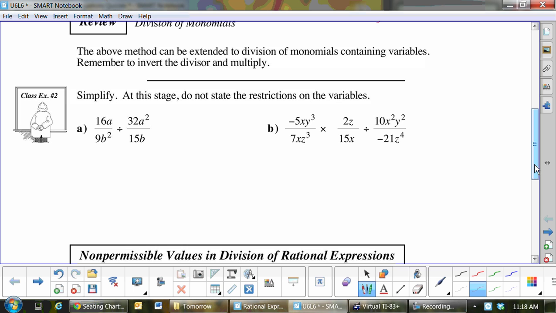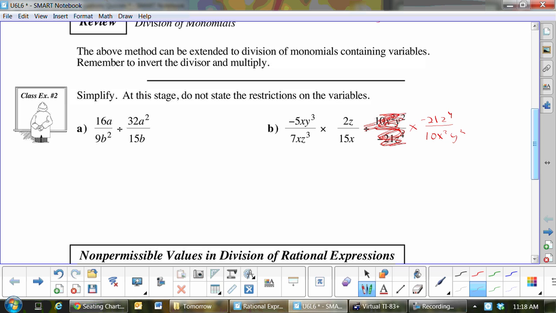Just flip the second one. So this would be, instead of this, it would be times negative 21 z to the 4 over 10x squared y squared. Okay? So I'm just saving rewriting the entire question again.